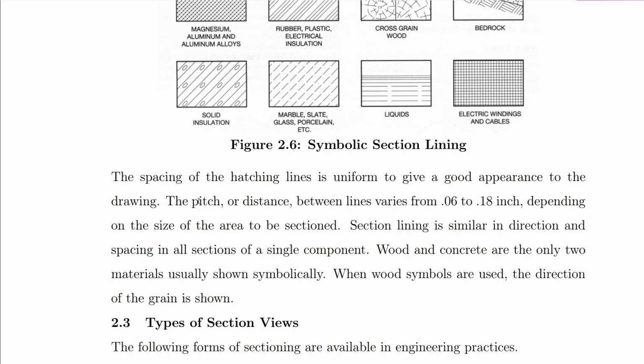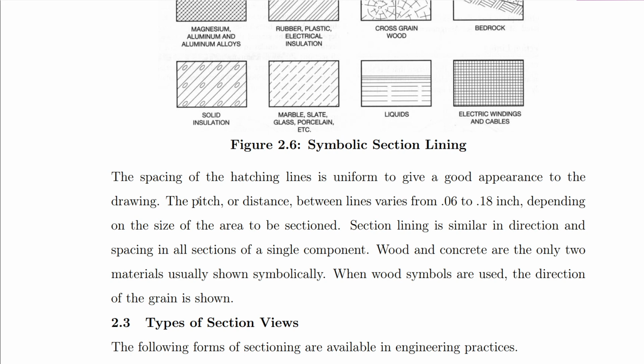Even if it is an assembled object with different parts, and you've sectioned through, let's say the cutting plane goes through more than one part, the sectioning of a particular part that it goes through must be the same. It is constant for that particular single part.